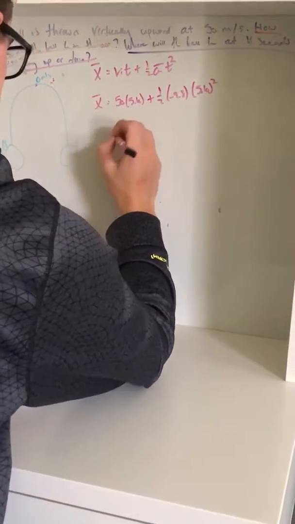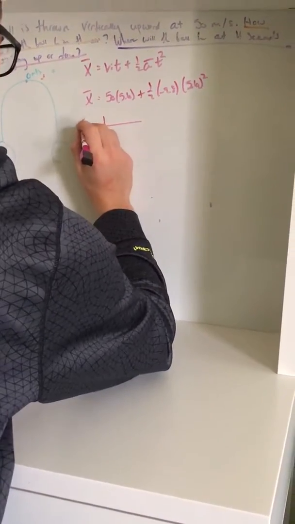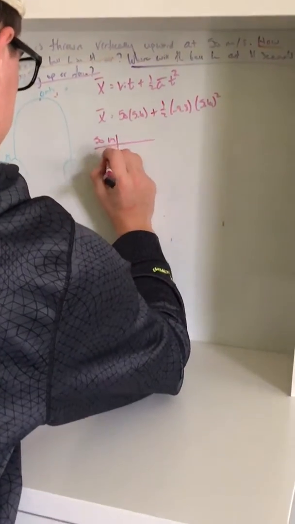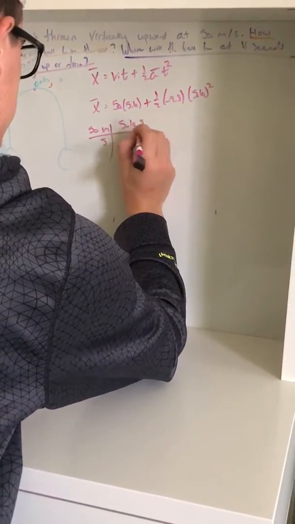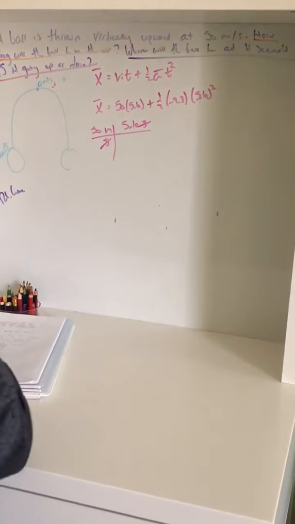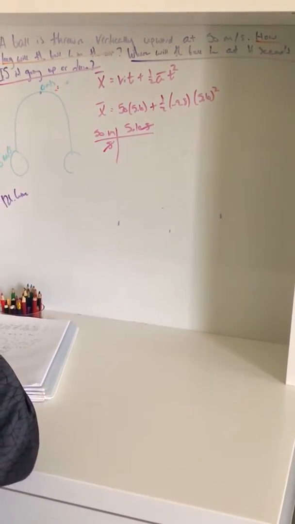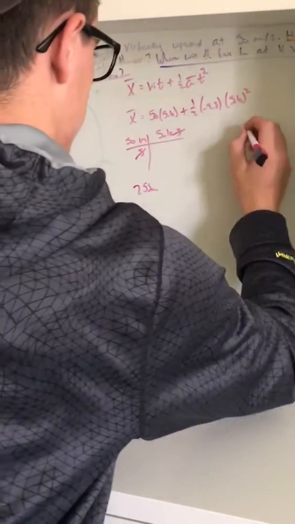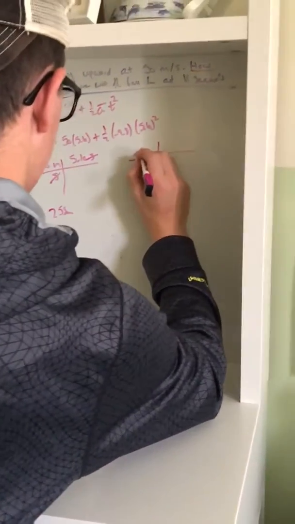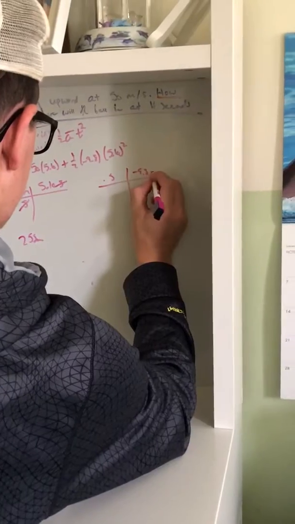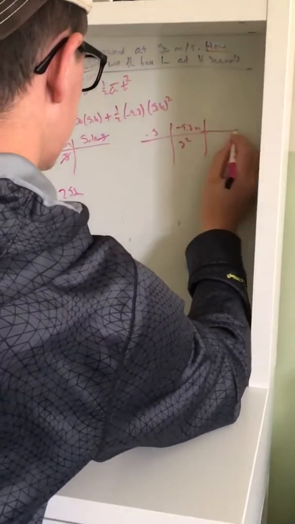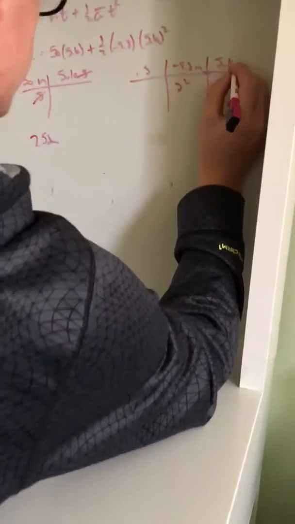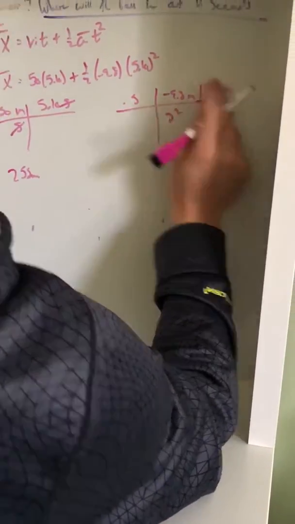Okay, so now unit analysis is going to be 50 meters per second times 5.10 seconds. Seconds is going to cancel. 50 multiplied by 5.10 is 255 meters. And then 0.5 multiplied by negative 9.8 meters per second squared, because we have acceleration, times 5.10 squared, sorry.